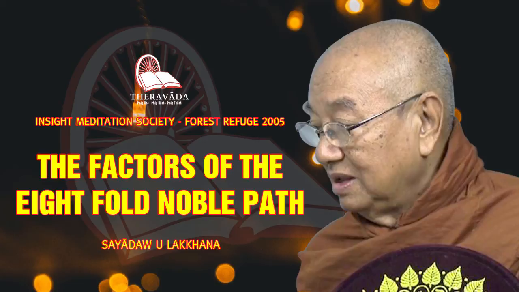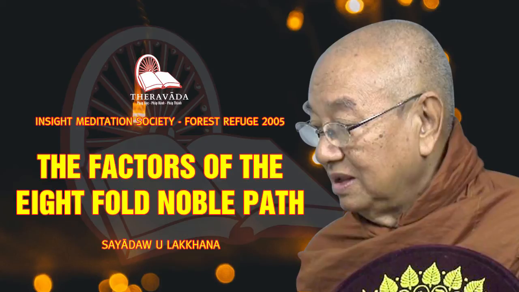So, Musavada Veramani Sikkhapadam Samadiyami, Pisuna Vaca Veramani Sikkhapadam Samadiyami, Parusa Vaca Veramani Sikkhapadam Samadiyami, Samphappalapa Vaca Veramani Sikkhapadam Samadiyami. So then one has seven, and for the eighth one undertakes the right livelihood.